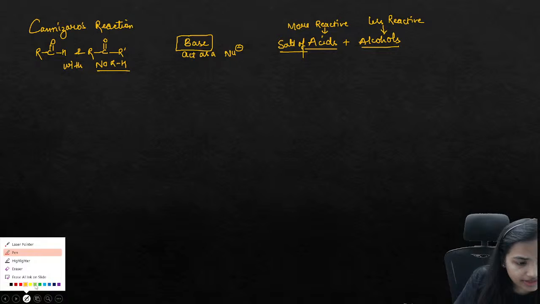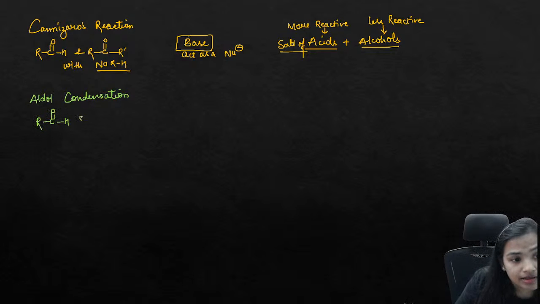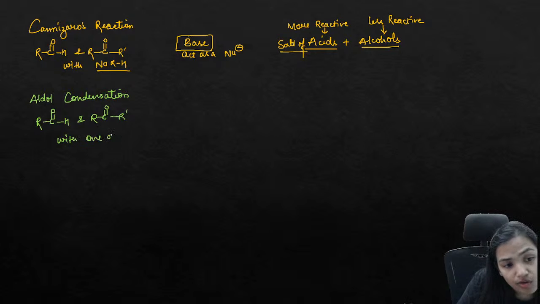Now another reaction that we have done is the aldol condensation. In the aldol condensation, we want aldehydes and ketones with one or more than one alpha hydrogen.